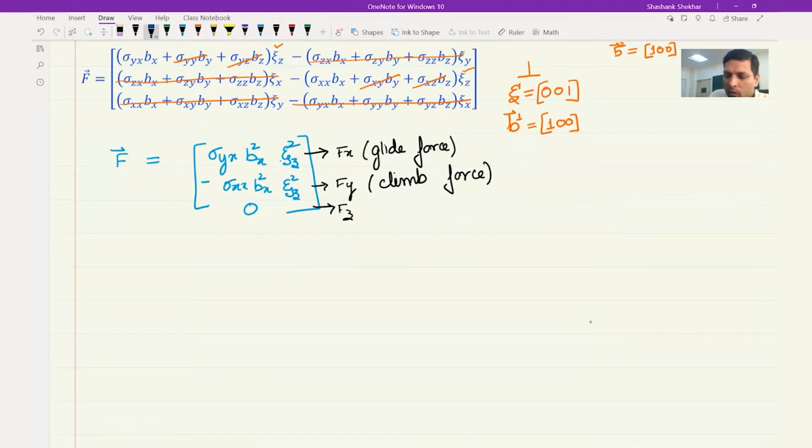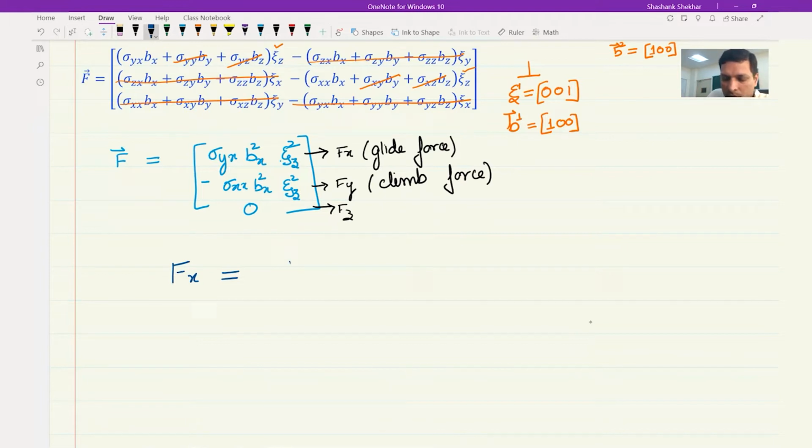we have this quantity glide, which is sigma Yx, and just for the sake of completion, we will look at the whole equation, how it looks. So Fx is equal to sigma Yx.